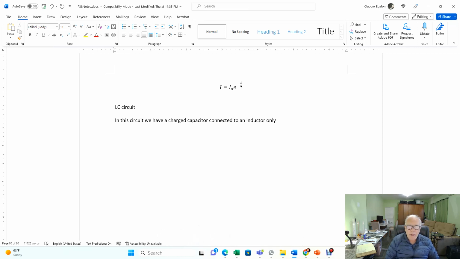So the capacitor already does the job of the battery, of the power supply. And let's see what type of behavior we get. And by the way, it's a very interesting behavior.